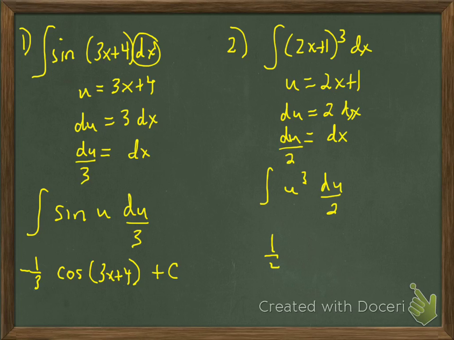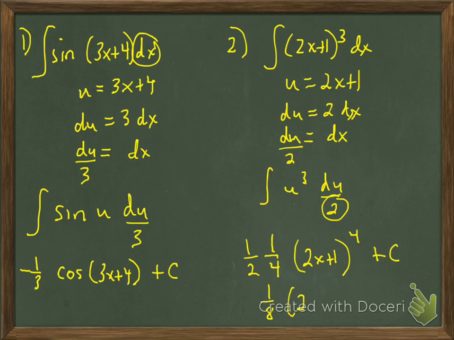So raise it by 1 is the fourth. Divide by that power. And we also still have our 1/2. So your final answer, 1/8 (2x plus 1) to the fourth plus c.